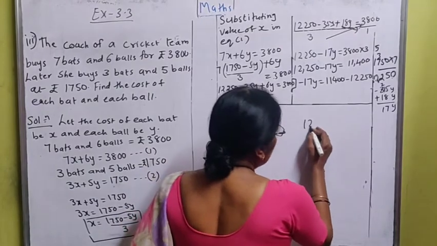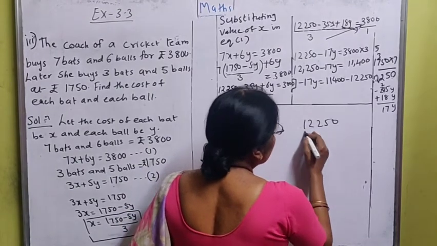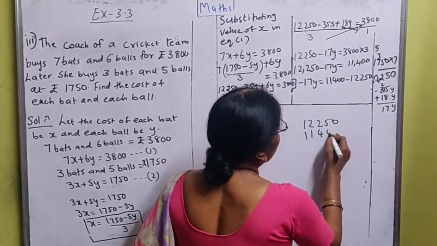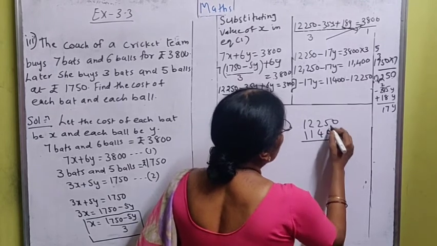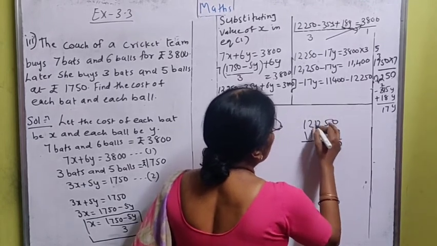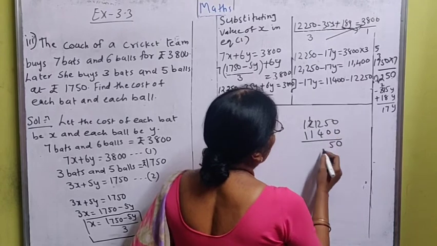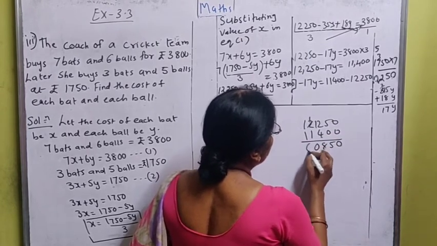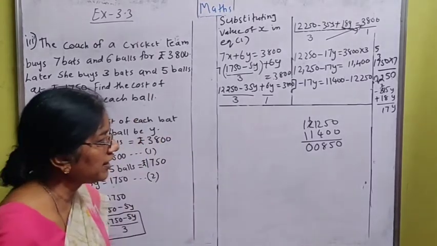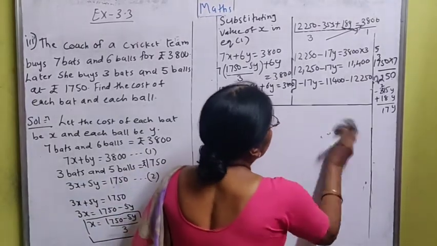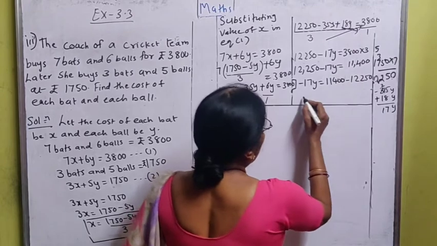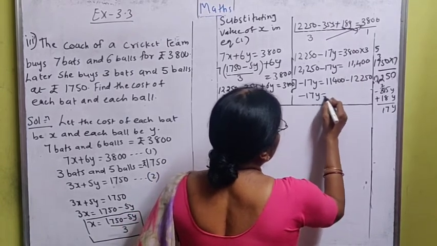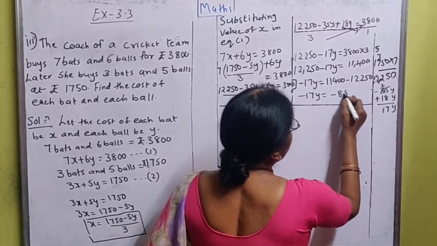So from 12,250 we have to subtract 11,400. 12 minus 4 is 8, 1 minus 1 is 0, here also 0. So you got 850. So minus 17y is equal to minus 850.